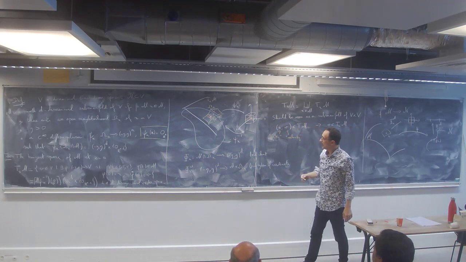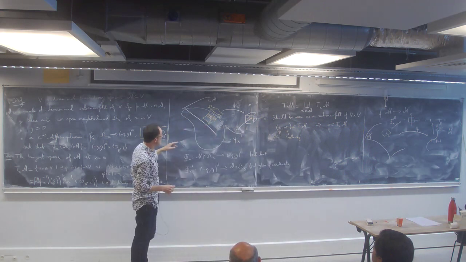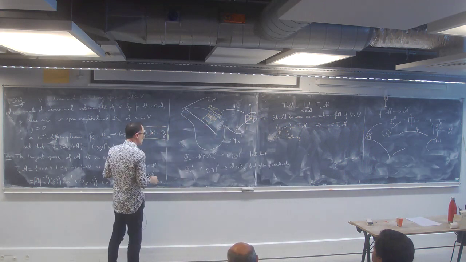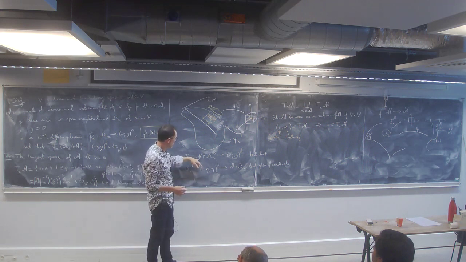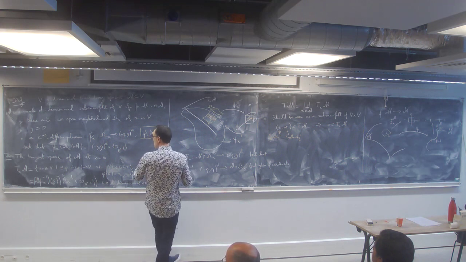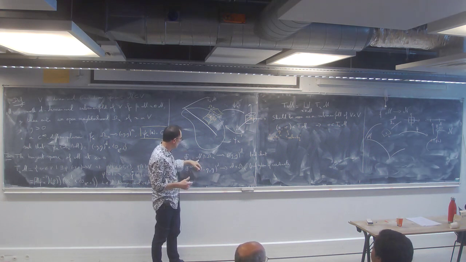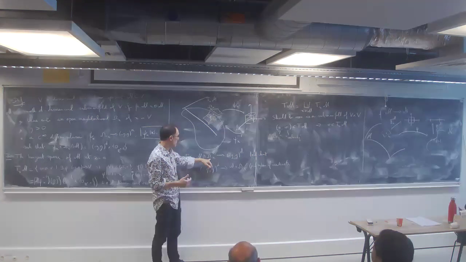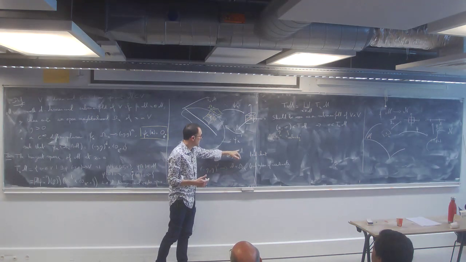Right. I also defined phi x. So phi x is basically the restriction of psi x to the intersection of the manifold and the neighborhood omega x, to minus eta, eta to the d.